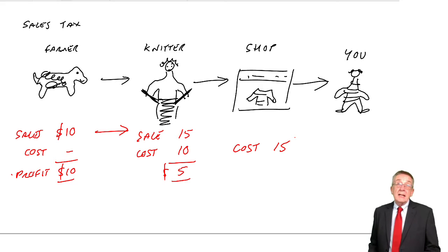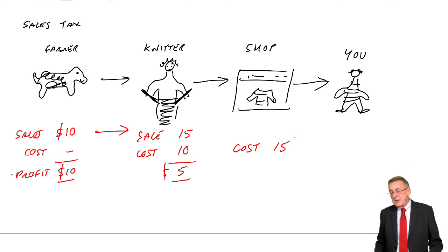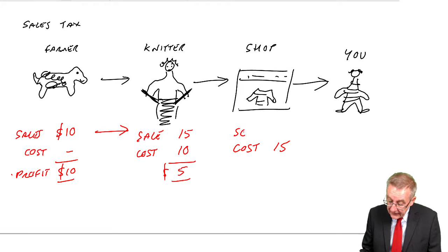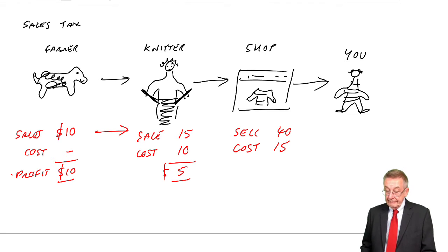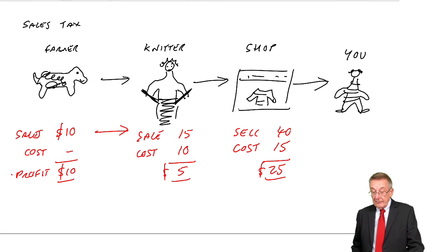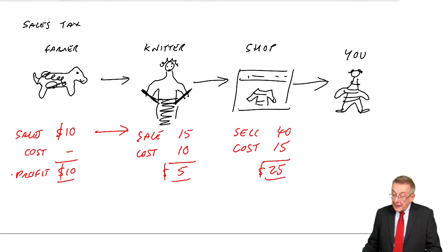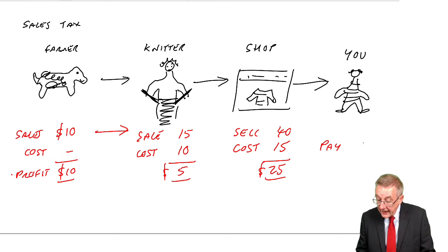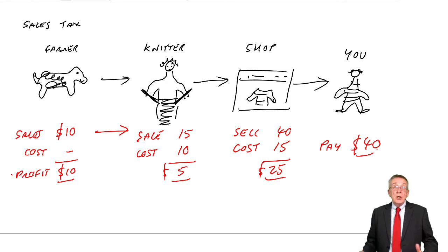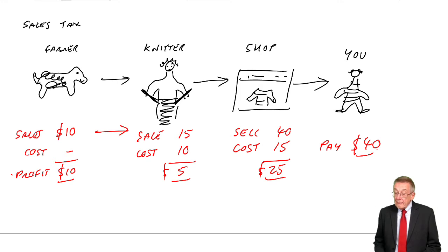Again, I know that I have lots of other costs, but I just want to keep this very simple. Suppose they sell it for $40, and so they make a profit of $25. And finally, of course, you buy it. And how much do you pay? You pay $40.